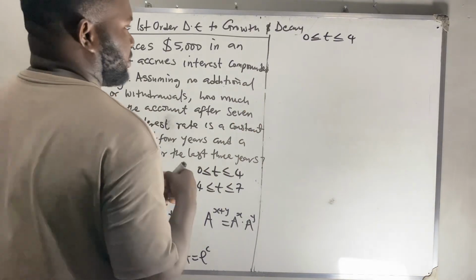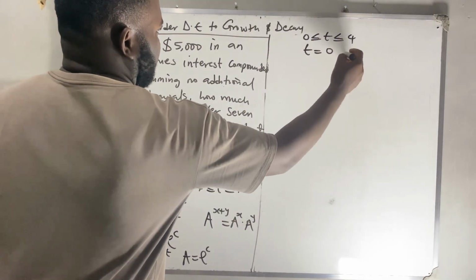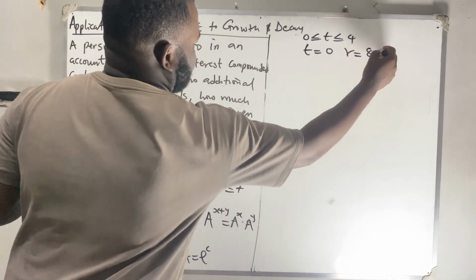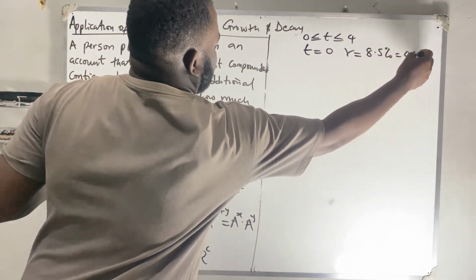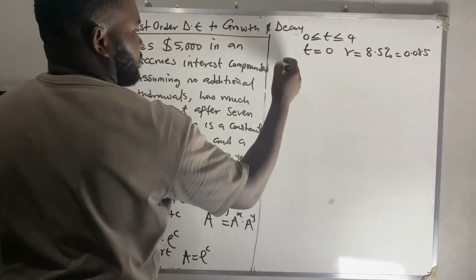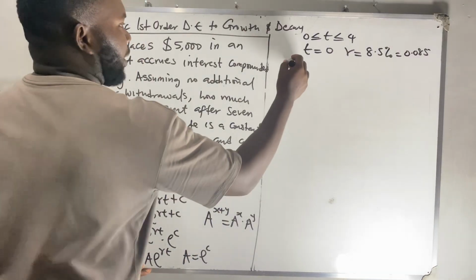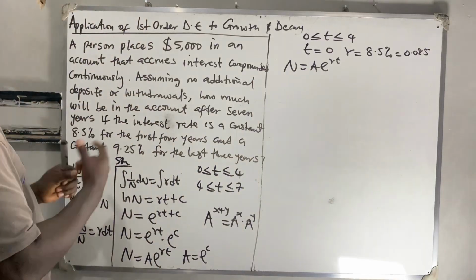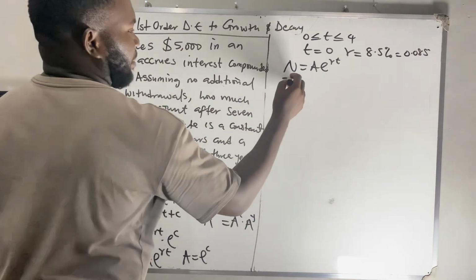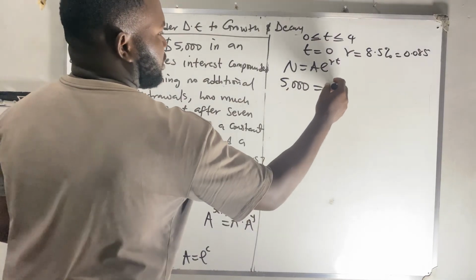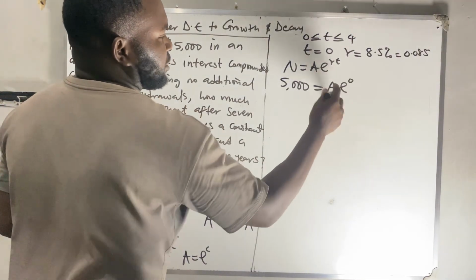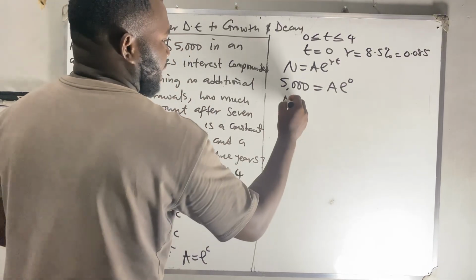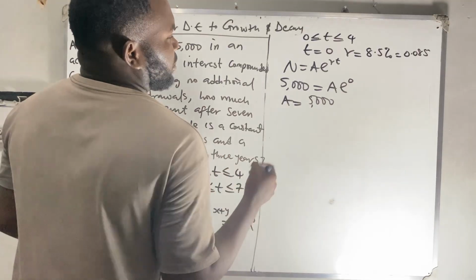When t is 0, the rate we are using, for 0 to 4 years, is 8.5%, which is 0.085. Using the same formula, N equals A e^(rt), at the first deposit when t is 0, they deposited 5,000. So 5,000 equals A e^0. 0 times anything is 0, and e^0 is 1, since anything raised to 0 is 1. So my A here becomes 5,000.